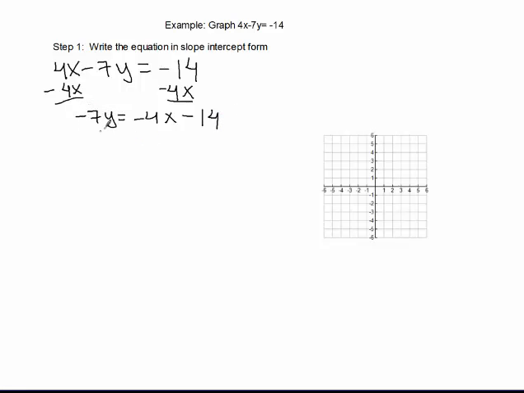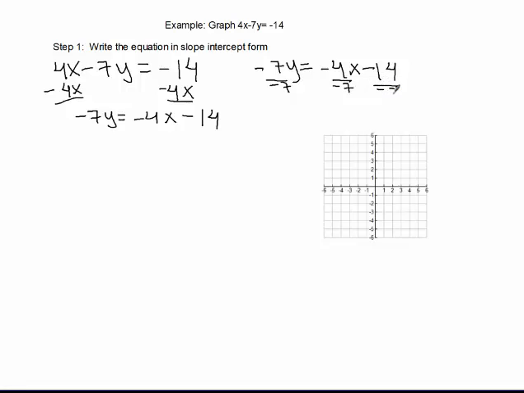It's not quite y yet, so I need to get rid of this negative 7, and we'll do that by dividing both sides of the equation by negative 7. So let me rewrite it up here: negative 7y equals negative 4x minus 14, and here I'll divide by negative 7.